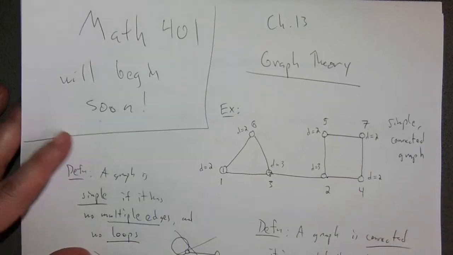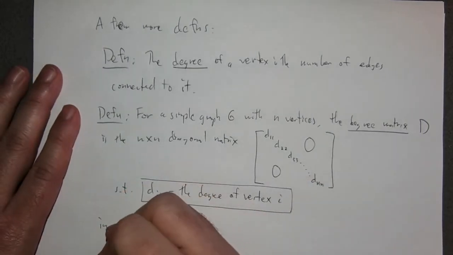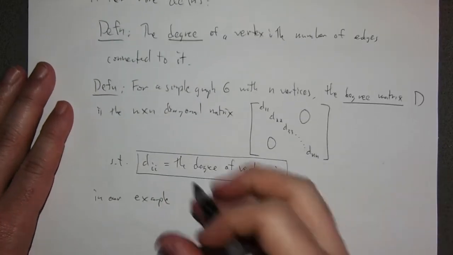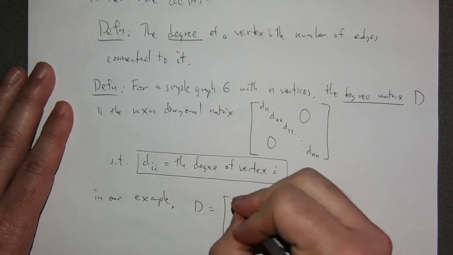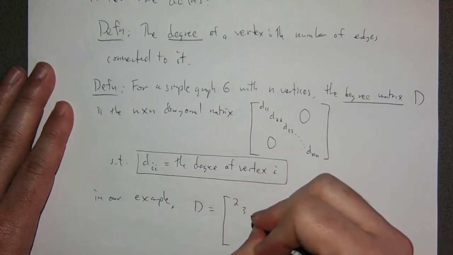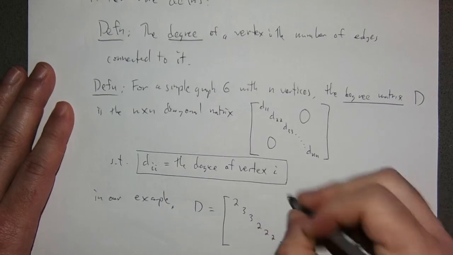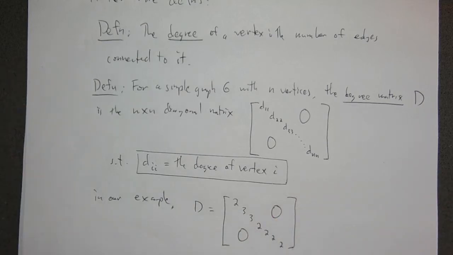So in our example, D would be 2, 3, 3, 2, 2, 2, 2, and 0 everywhere else.